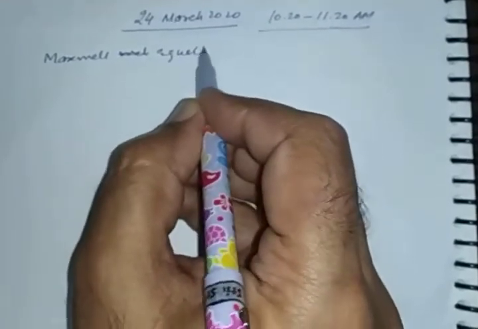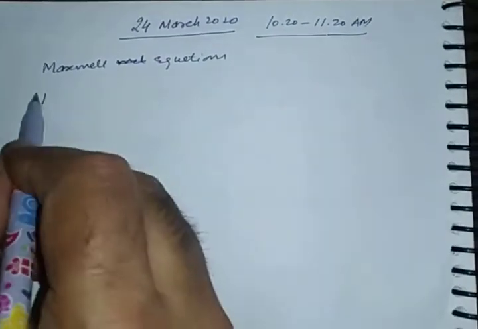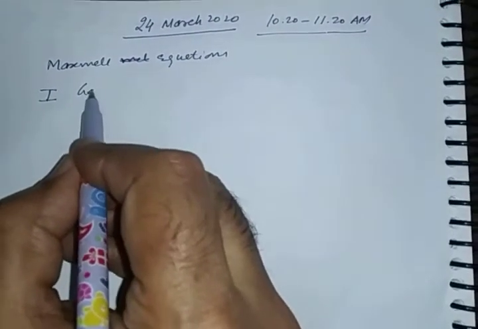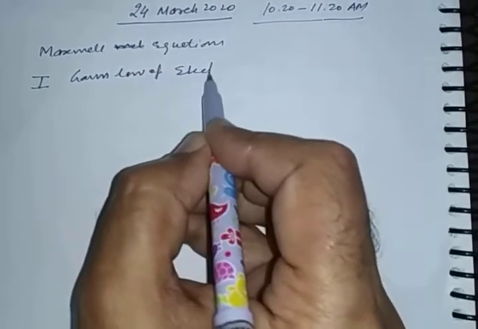Maxwell equations, all of us know that there are four Maxwell equations. Already we know that the first Maxwell equation is derived from Gauss law of electrostatics.